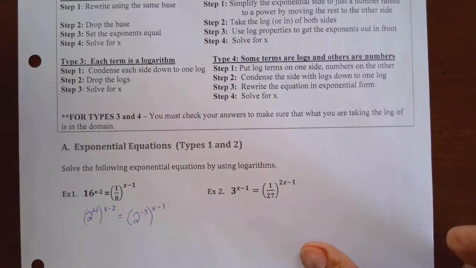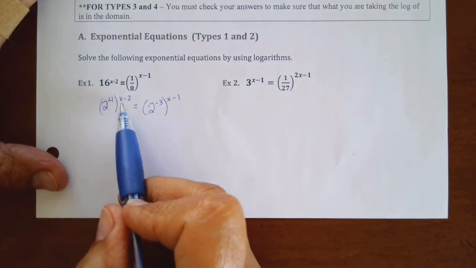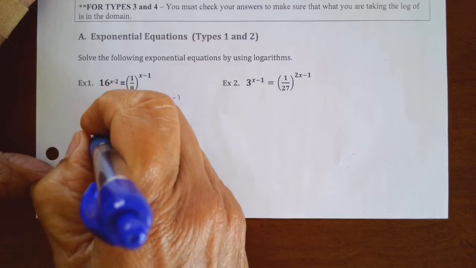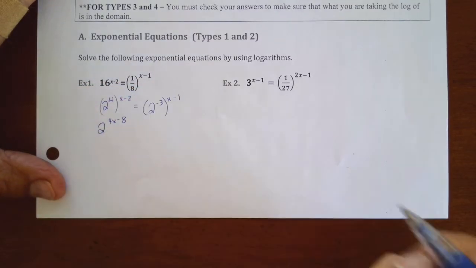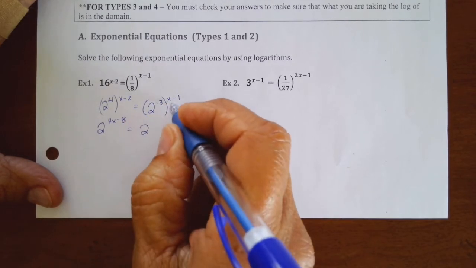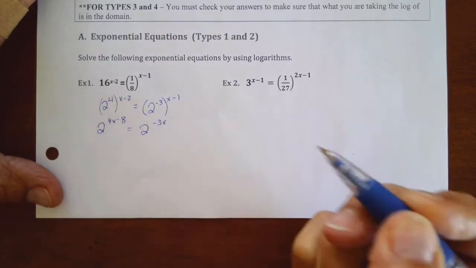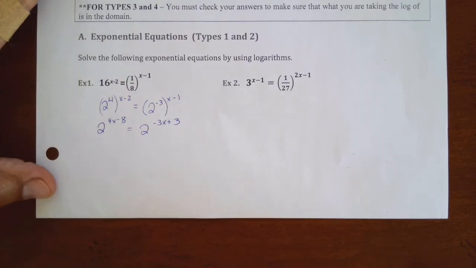So that's your first step, to get the same base. Now you're going to multiply your exponents together. This is the distributive property. So 4 times x is 4x, and 4 times negative 2 is negative 8. Same thing on this side, we're going to distribute. Negative 3 times x is negative 3x. Negative 3 times negative 1 is positive 3.